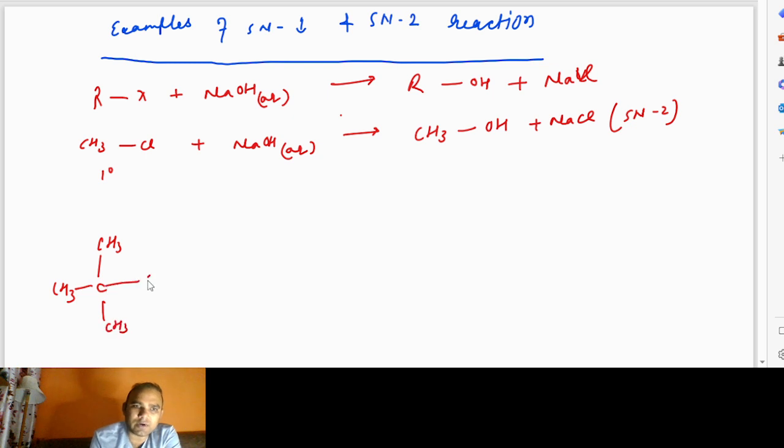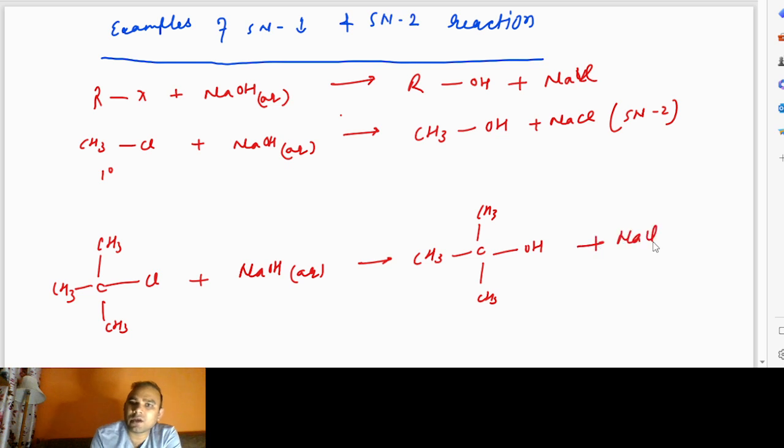So here you will find CH3 in this direction, CH3 here, CH3 there, and this side is alcohol, and again NaCl is formed. But if they ask what type of reaction, that is going to be an SN1 reaction. So this is how we proceed for the chemical reactions of haloalkanes and haloalkenes.